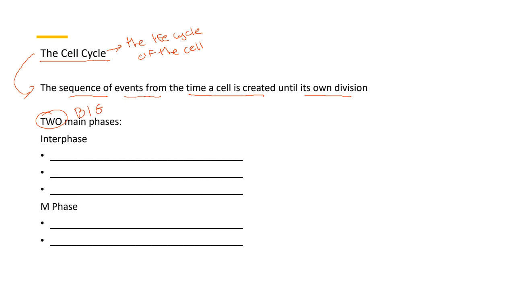The first one, Roman numeral one, is interphase. Interphase has three subphases in a way. It has a G1 phase, which we call the first gap. Then there is S phase.